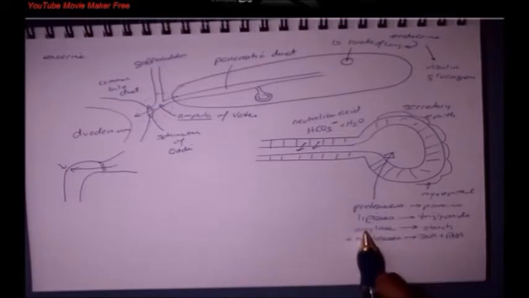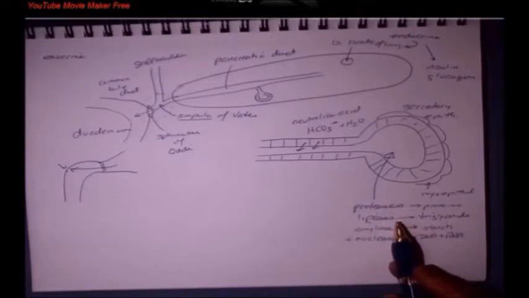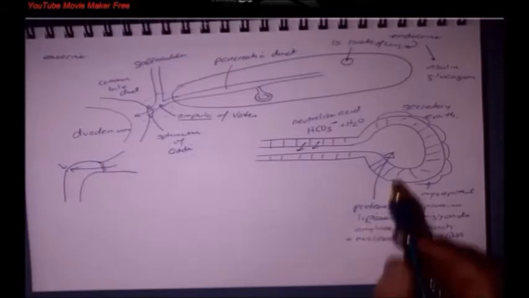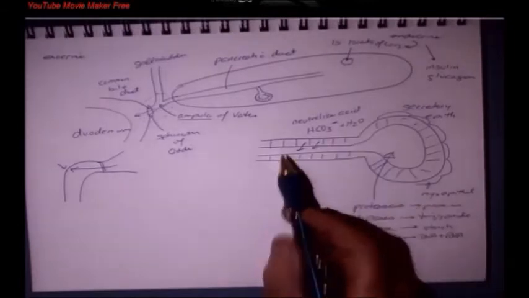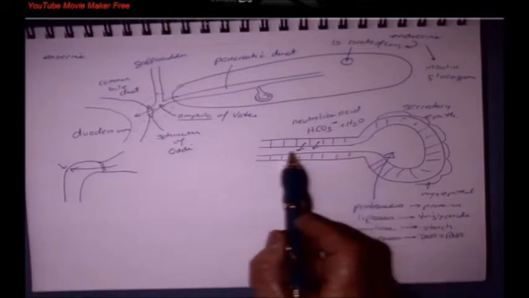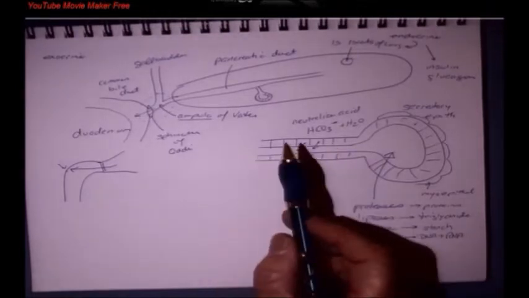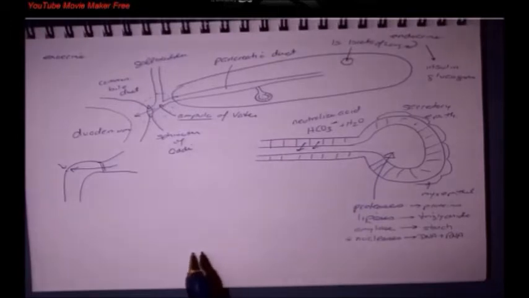So we're going to talk next week that many of these are secreted in a zymogen form. They're inactive. But there's also a process called autoactivation, and that takes time. So if these are secreted into the pancreatic ducts and they hang around a little too long, you can get autoactivation of proteases which can digest your pancreatic cells, causing pancreatic insufficiency. We'll talk about that in a few minutes.